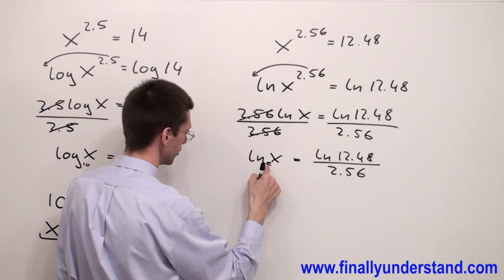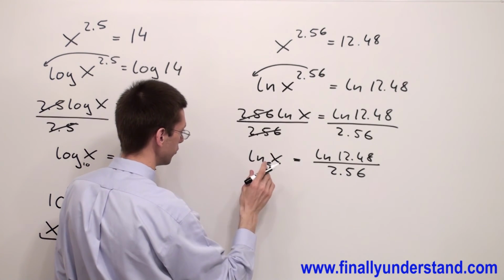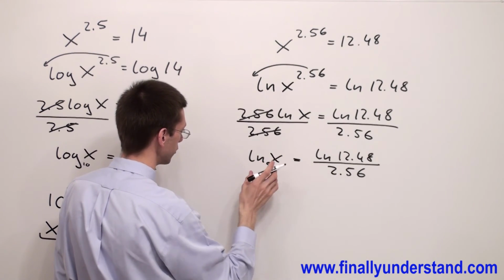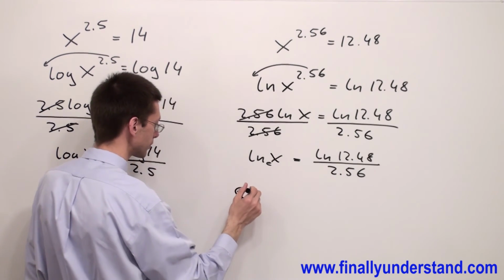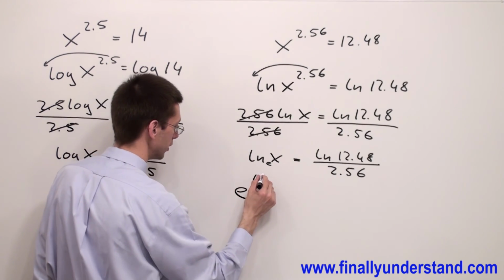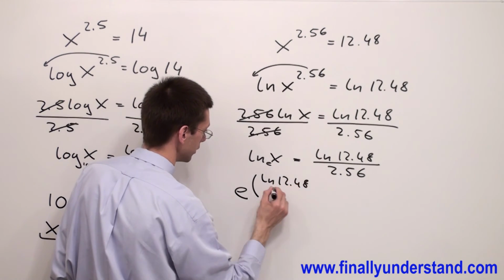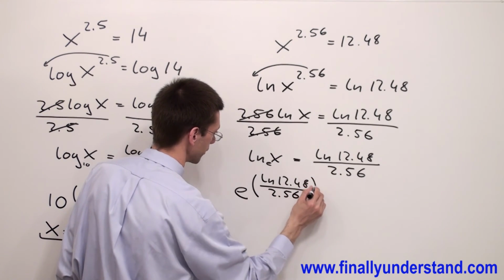Keep in mind that natural log has base e. There is always an invisible base e. So you have to use the definition of the logarithm and simply convert the logarithmic form to the exponential and write e to the exponent natural log 12.48 divided by 2.56.